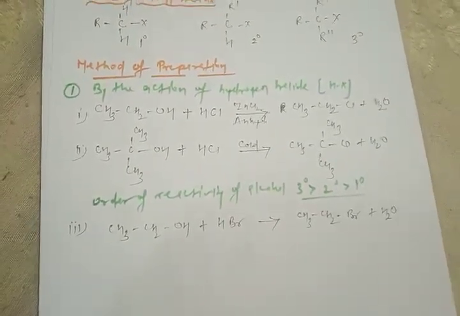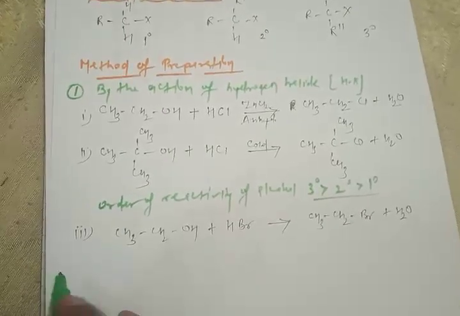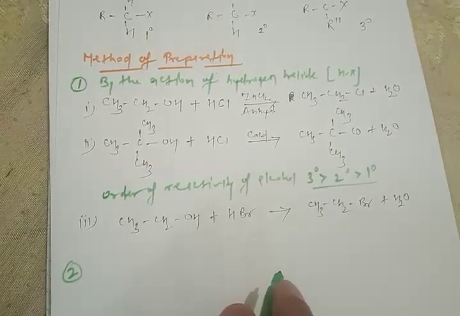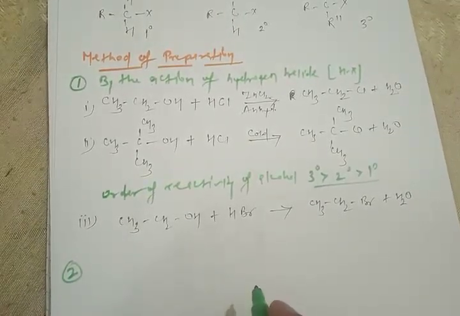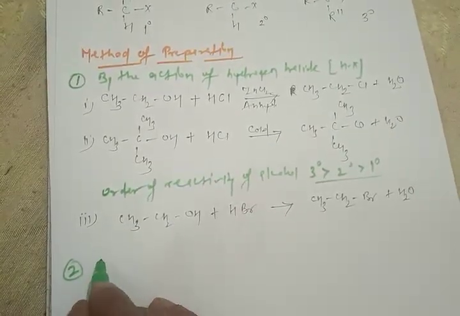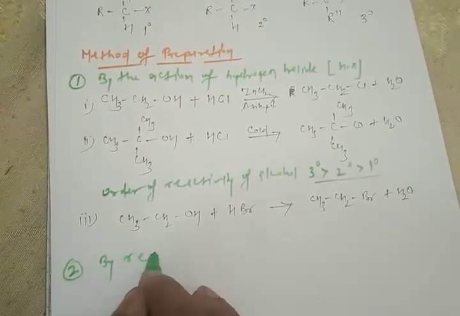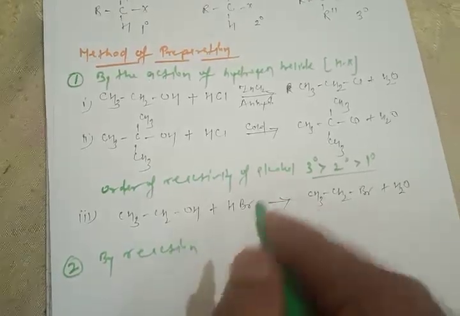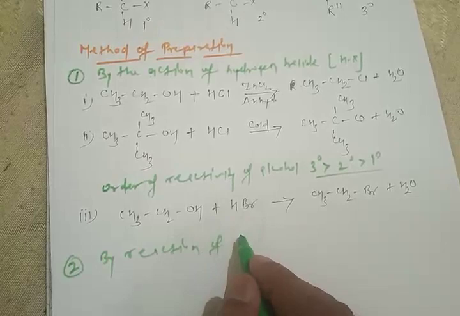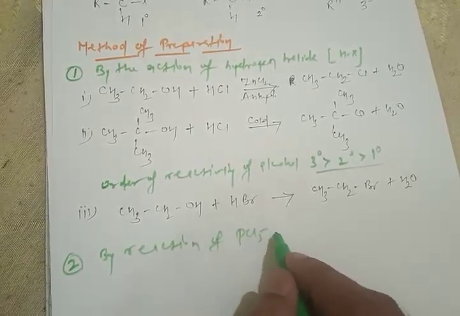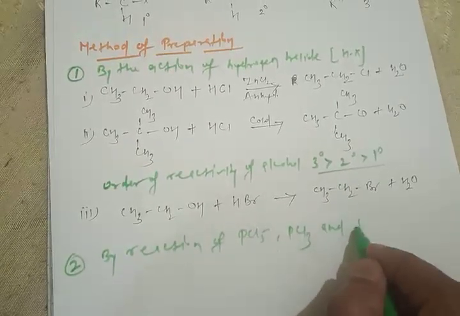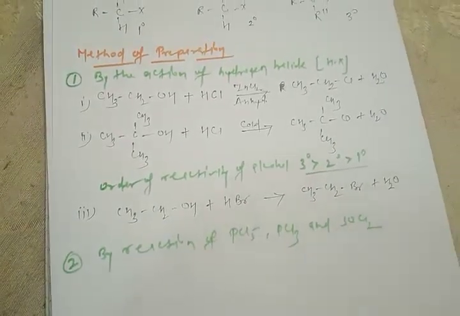Now the second method of preparation of alkyl halide. Here we will use different chloride compounds, by the reaction of PCl5 phosphorus pentachloride, PCl3 and SOCl2 thionyl chloride.